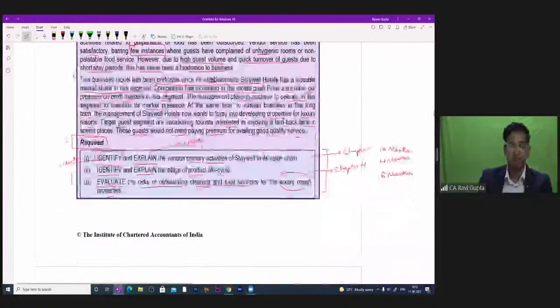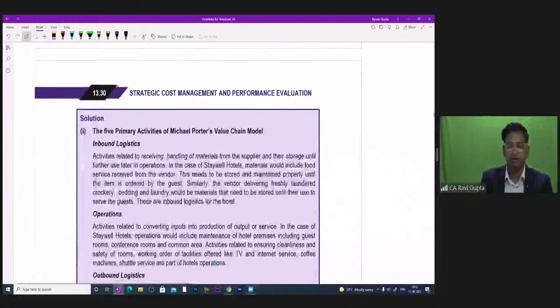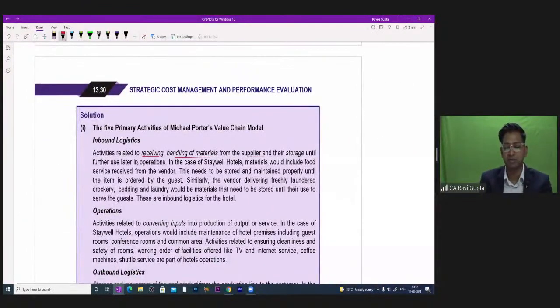So we need to go with that here. So activities relating to receiving, handling of material from the supplier and their storage until further use later in the property. So this was explained, and you need to now identify.